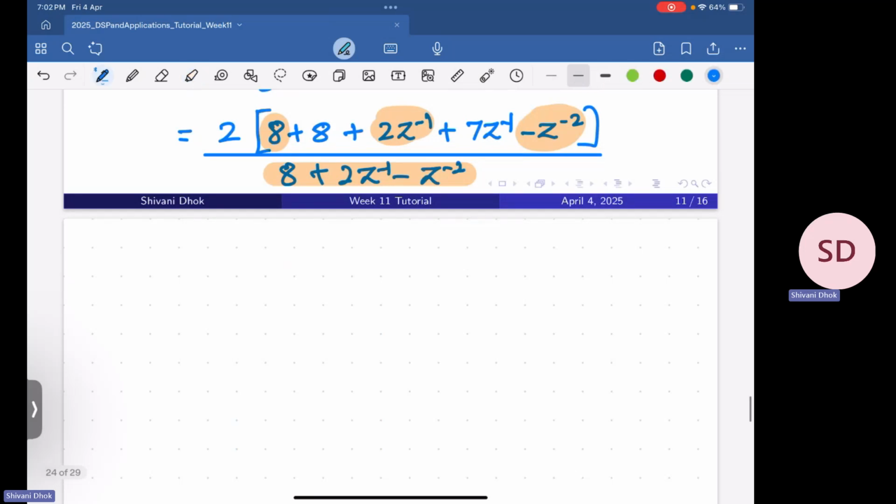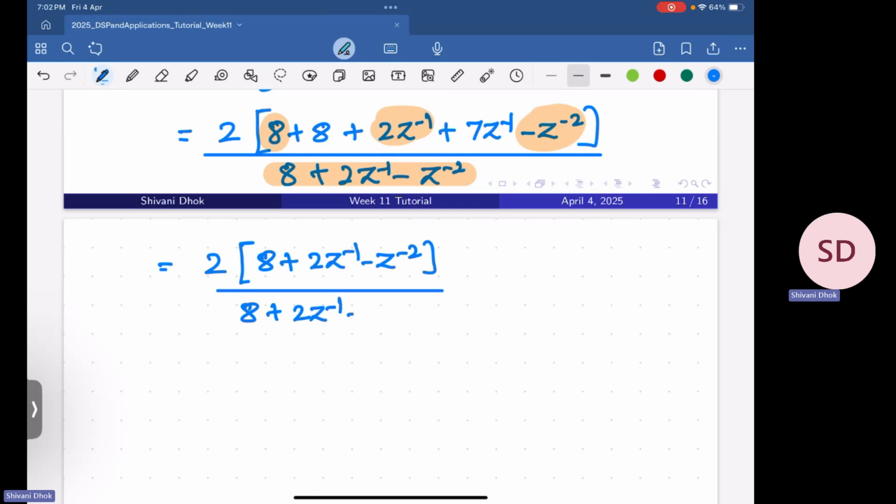So now I can write this as 2 into 8 plus 2z inverse minus z to the power minus 2 whole divided by the same quantity, plus 2 into 8 plus 7z inverse divided by 8 plus 2z inverse minus z to the power minus 2.